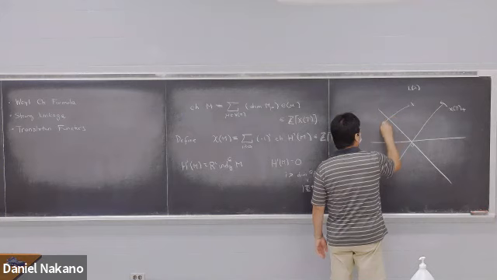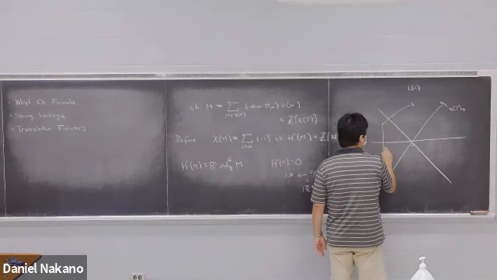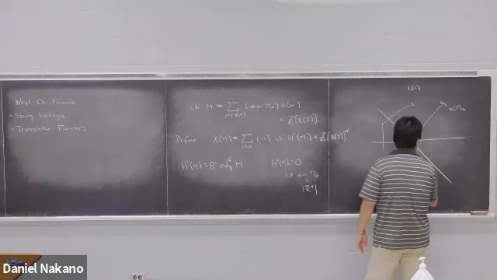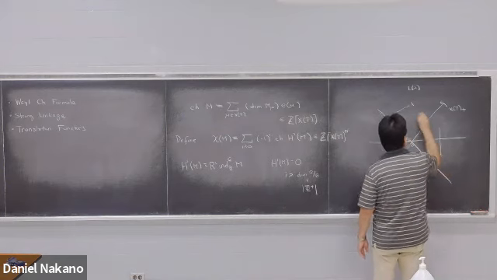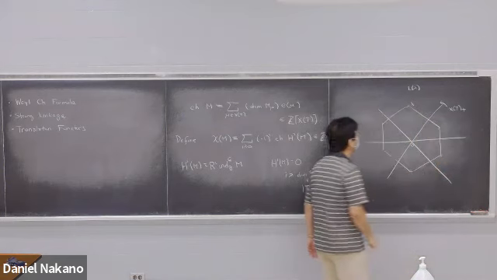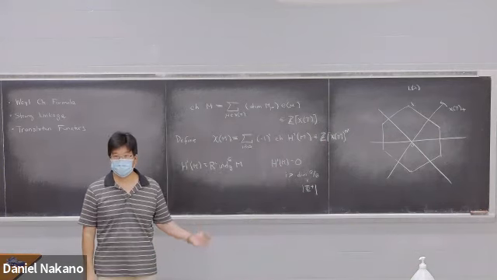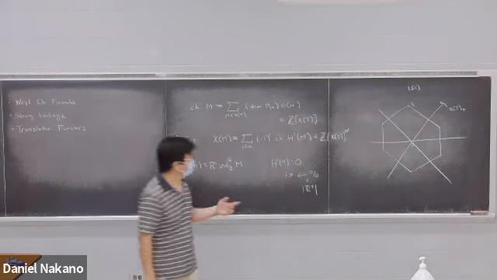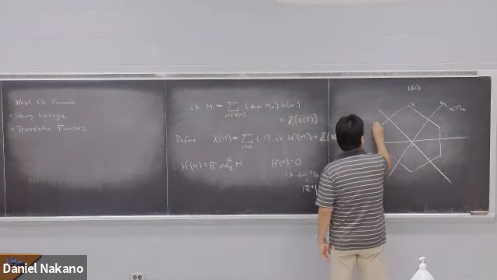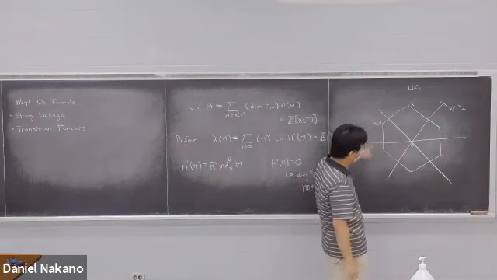Plus here, here, here, here, here. So that's kind of the outer shell. So that's like W. This is W. Just kind of go all around the shell.